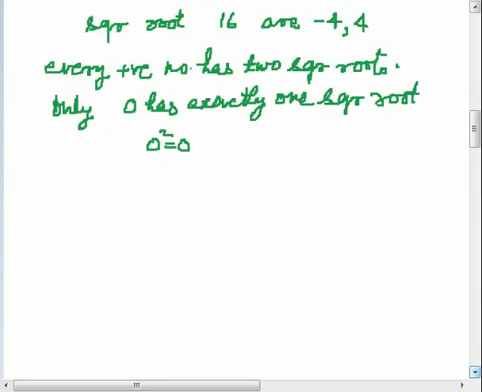Now, what is the meaning of this symbol? If you see this symbol somewhere, what is its meaning?